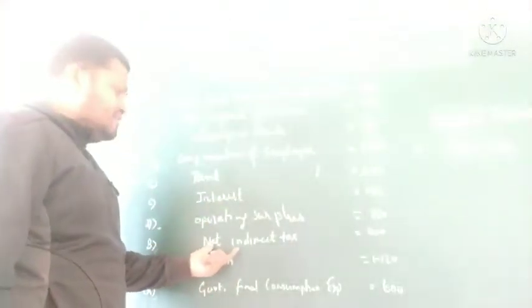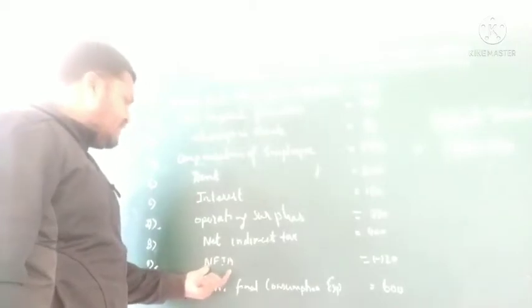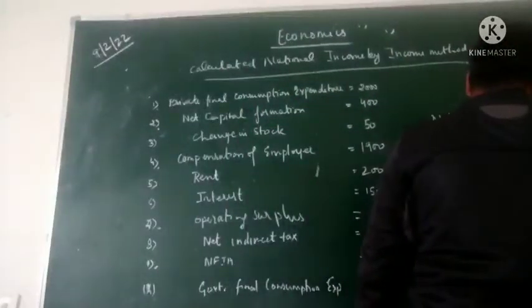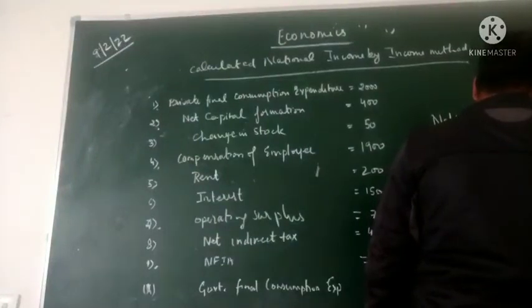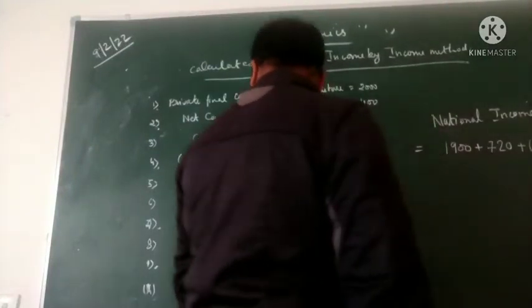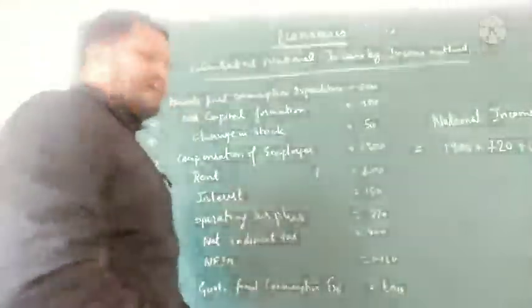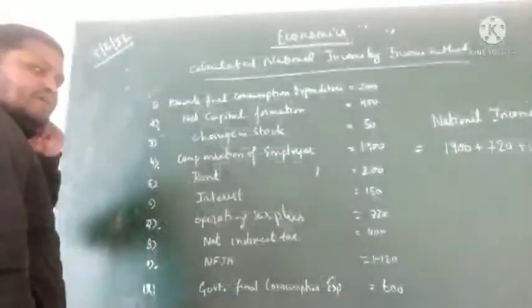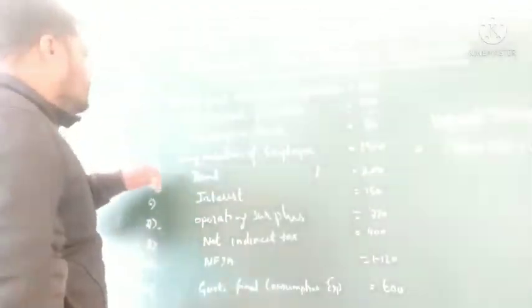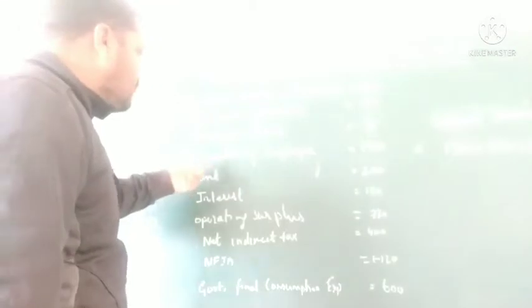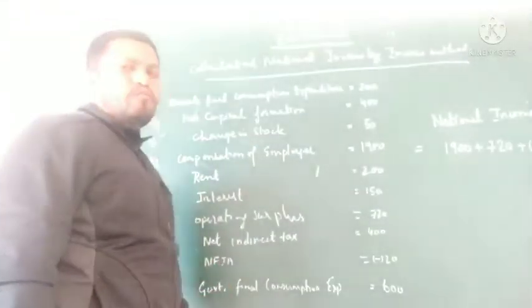And after that, the data given are net indirect tax and net factor income from abroad; we also take net factor income from abroad, and government final consumption expenditure is also given. So we can see that only three items we have taken: we took compensation of employees, operating surplus, and net factor income from abroad.